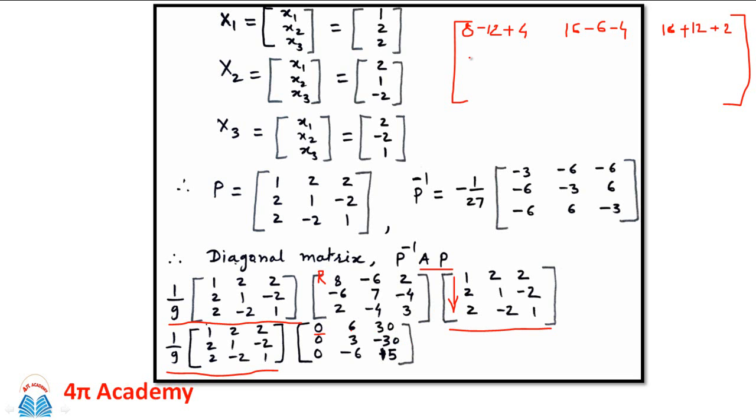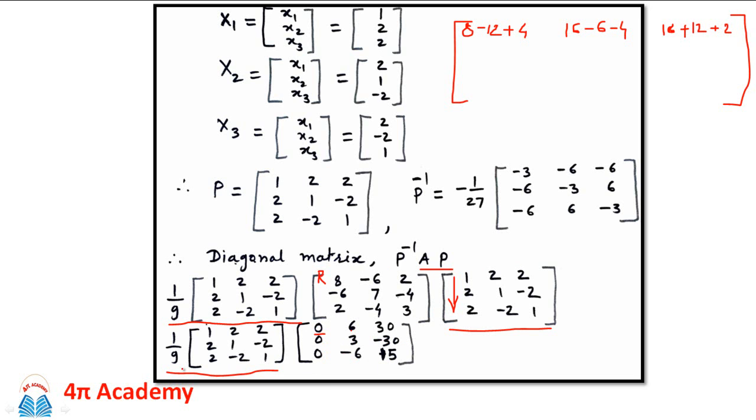In a similar way you can perform the multiplication and check whether your matrix matches with these values or not. So the product of A with P is this matrix, which is 0, 6, 30, then 0, 3, minus 30, and 0, minus 6, 15.